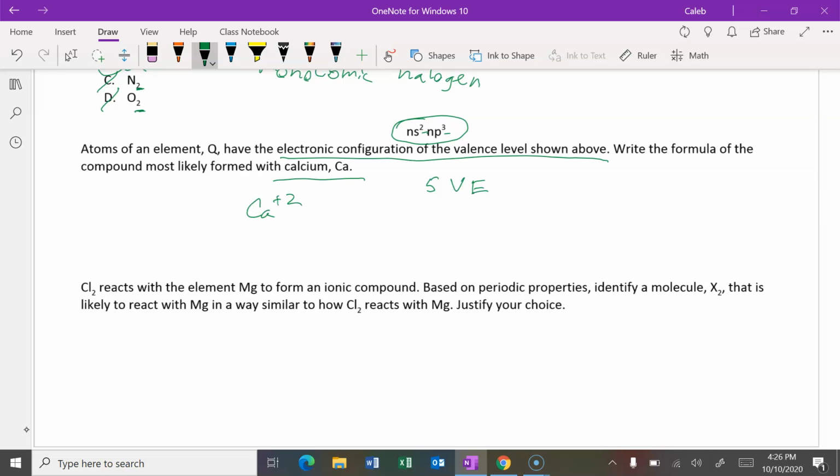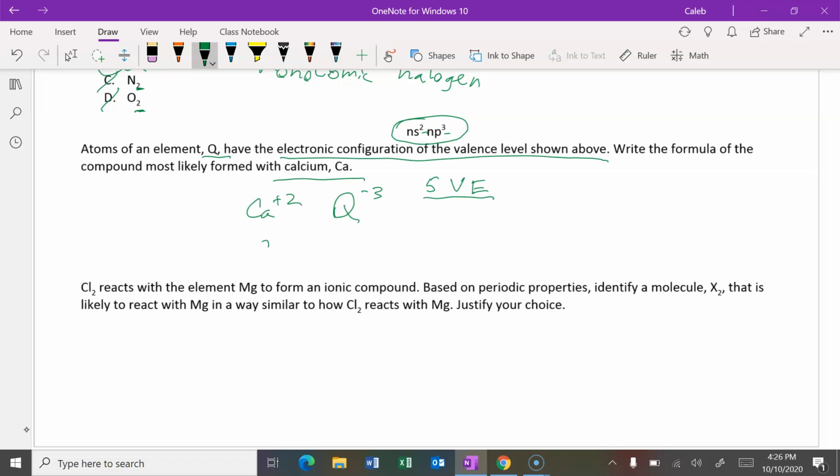And because this has 5 valence electrons, that means it's in group 5, which means it's going to have a -3 charge. So Q has a -3 charge. So if I were to write my formula, I need to find the least common multiple of those, which would be 6. And then I could divide.